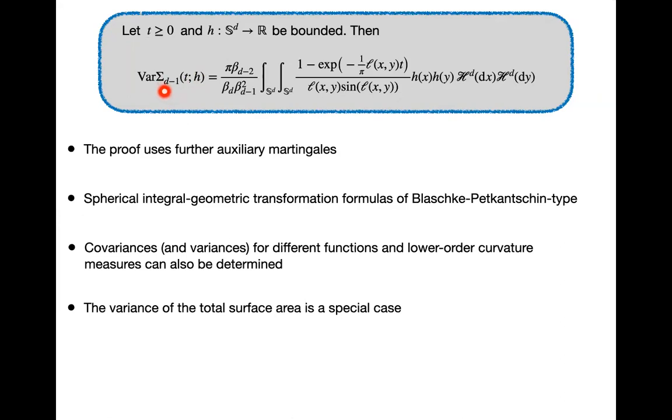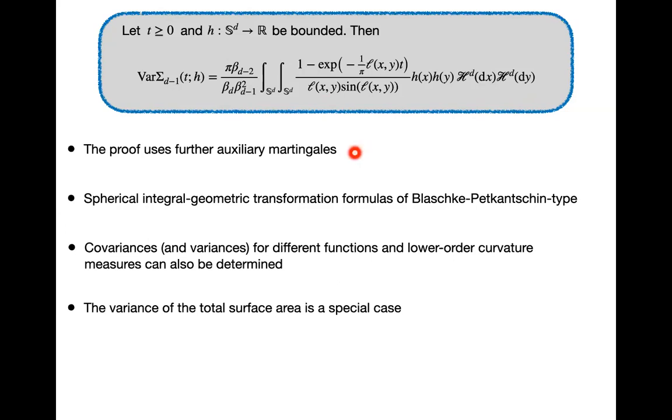This is, up to a normalization, the same as the surface measure, the random surface measure induced by the splitting tessellation. And what we can do is to come up with an explicit representation of this variance. I will not show you the details of these computations, but I highlighted here a few keywords that are necessary to come up with this formula.